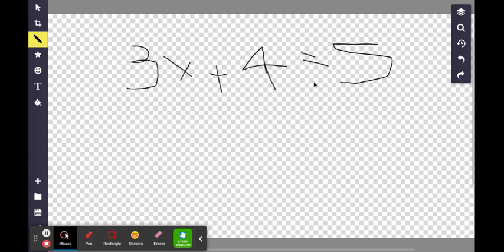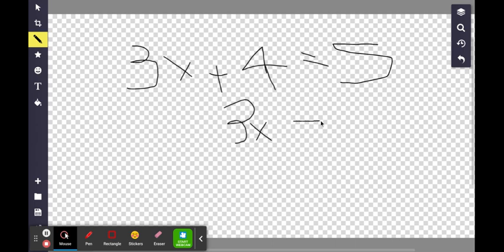So if I want to get rid of this 4 here, I have to subtract it from this side, but I'll also have to subtract it from this side. So if we want 3x to be by itself, the only way to get rid of plus 4 is to subtract 4.